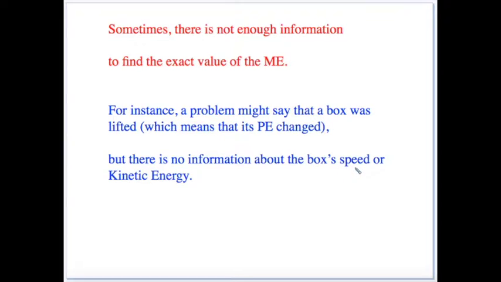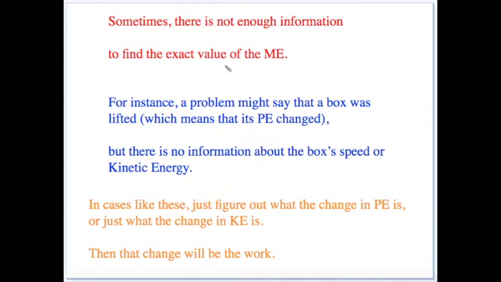Because there's no information here about the speed or the kinetic energy, we just know about the change in potential energy. You could also have a problem where the kinetic energy changes, but the potential energy stays the same. In cases like these, you just figure out what the change in the potential energy is, or just what the change in kinetic energy is. So whatever amount of energy is changing, just find that, and that gives the work. The work is always the change in energy.